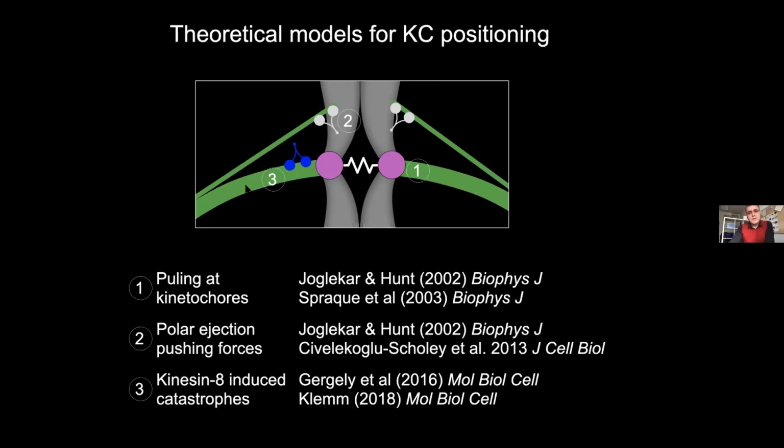This third case is the length-dependent accumulation of kinesin proteins that accumulate at the plus end of the microtubule, and this third scenario is working together with the first scenario, meaning these proteins are regulating the microtubule dynamics, and more protein accumulated here will generate faster depolymerization of this microtubule, meaning it will generate more pulling forces from that side.